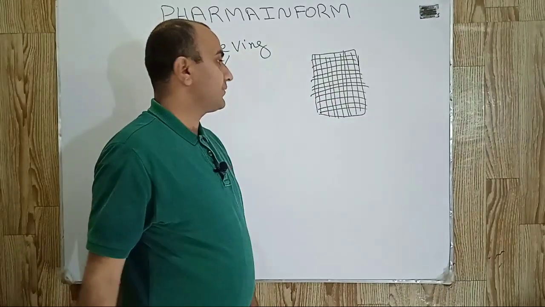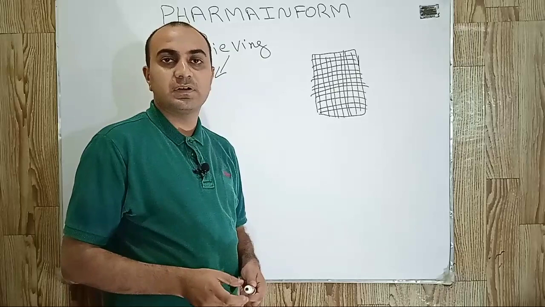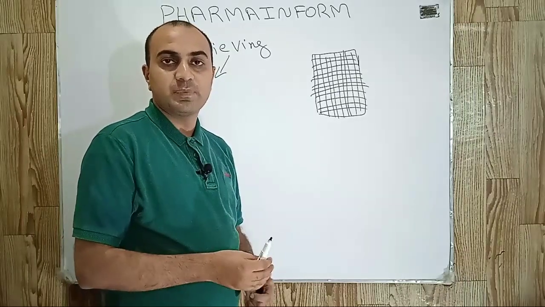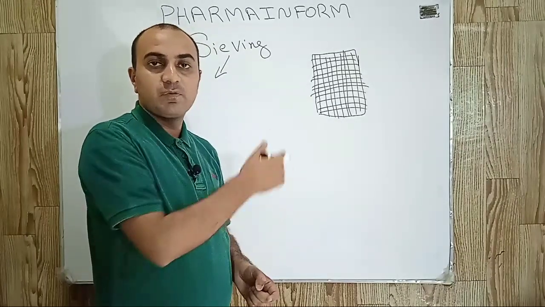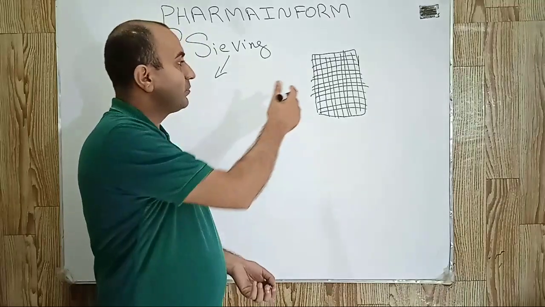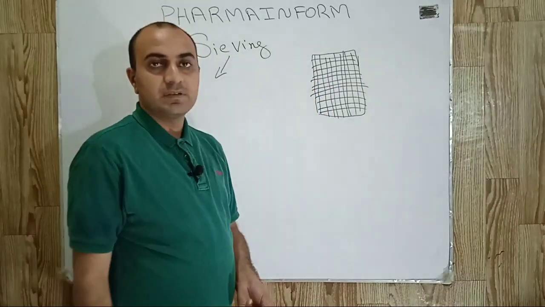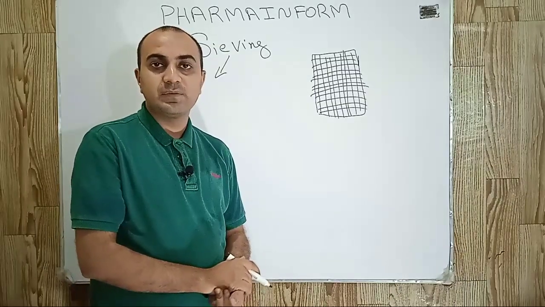So it is an SS mesh which is used manually for sieving of excipients or API. We simply place our powder material over the mesh and shake it or press with hands, and our material passes through the sieve. This process is known as sieving.